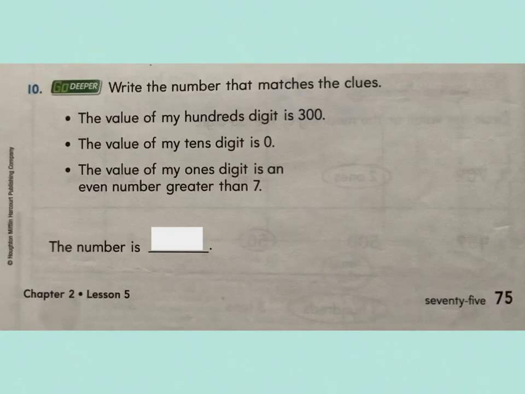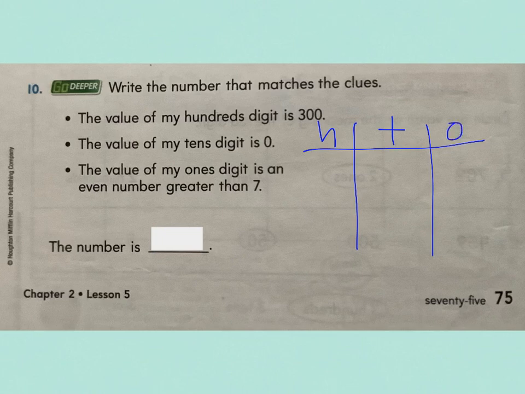Go ahead and turn the page to page 75, and we're going to do the problem at the bottom, number 10. The directions say, write the number that matches the clues. We have to read these clues to figure out what the number is. To help us, we can draw our place value chart and label it hundreds, tens, and ones.